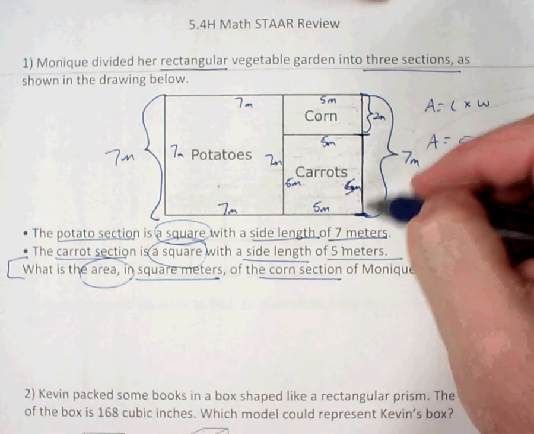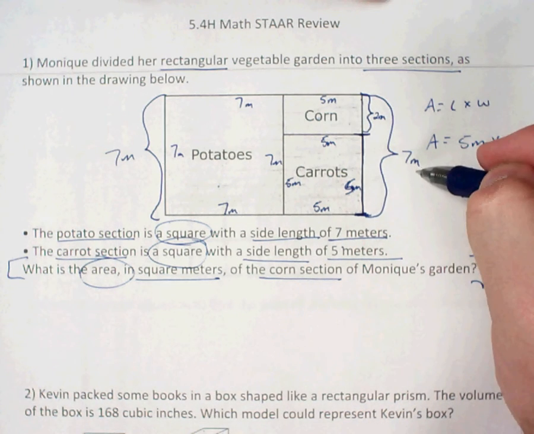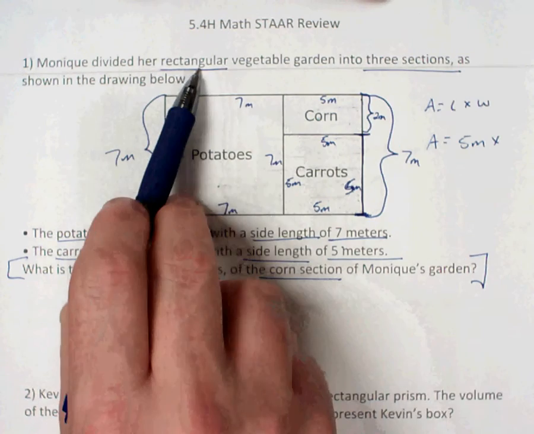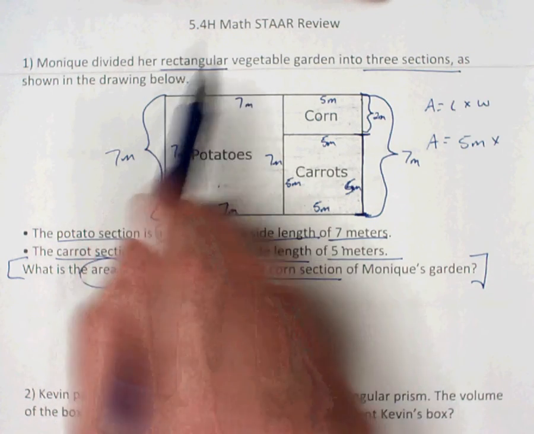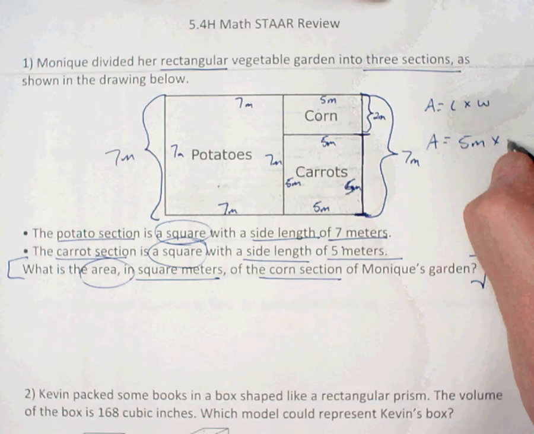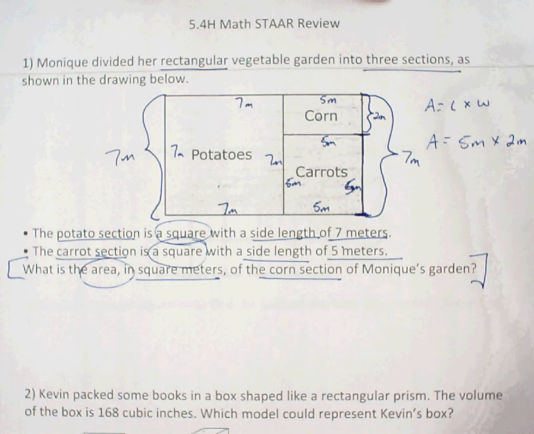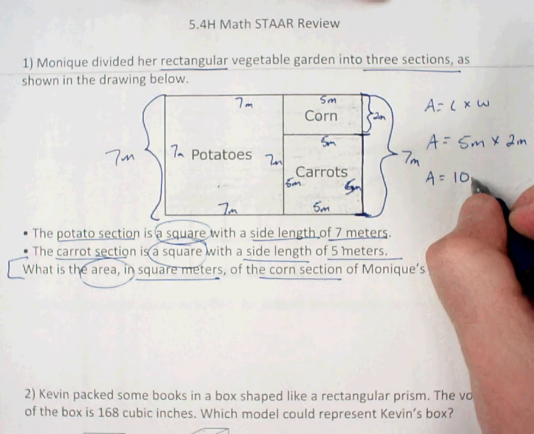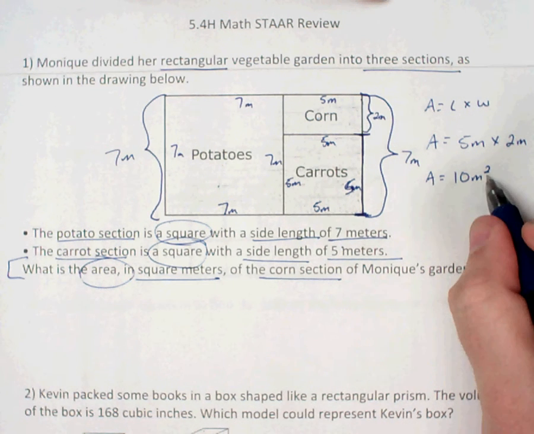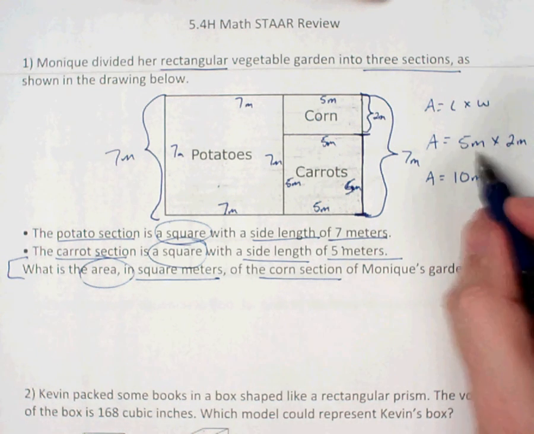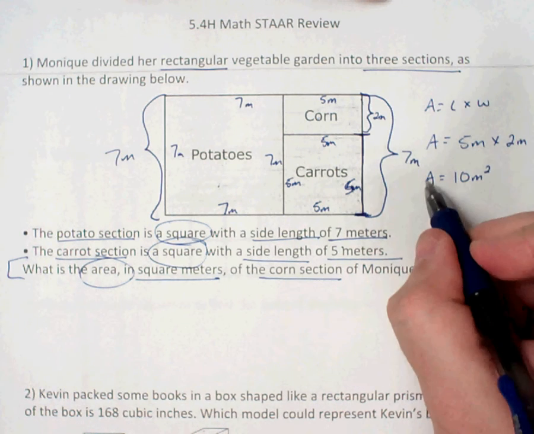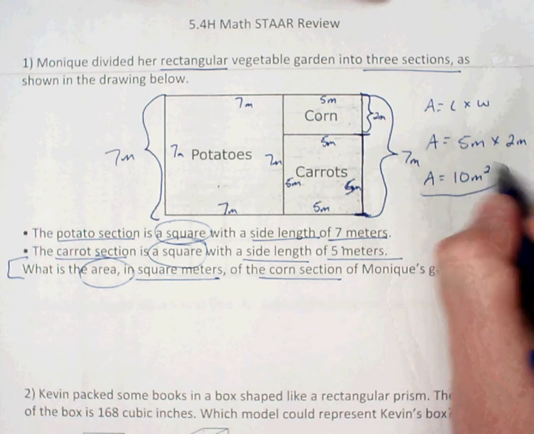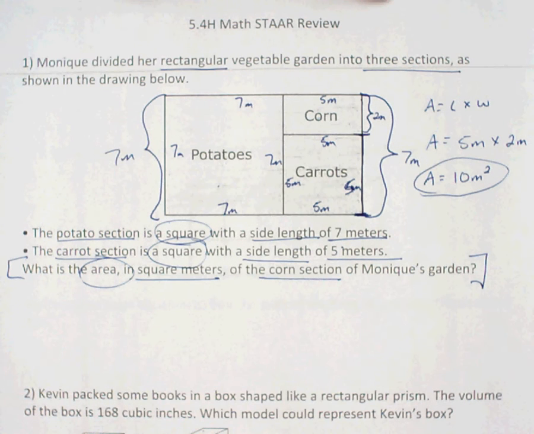Because these two lengths have to equal 7, because it's a rectangle. All right, so my final side length, or my width actually, is 2 meters. So 5 times 2 gives me 10. And make sure to put my squared symbol because I'm doing meters times meters, and area is measured in square meters. And so the area of the corn section is 10 square meters.